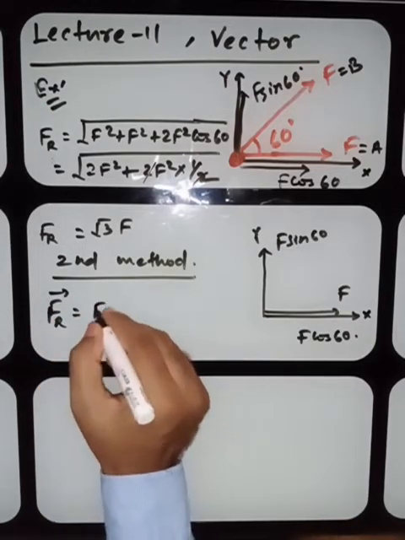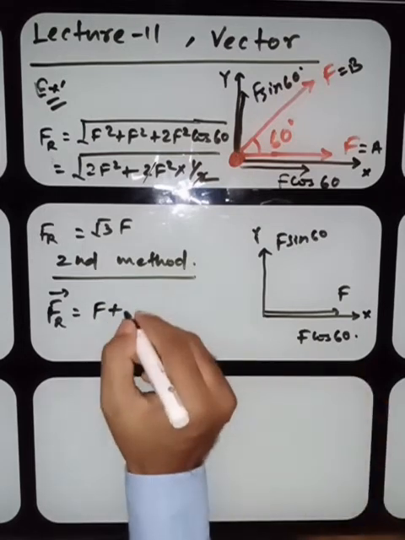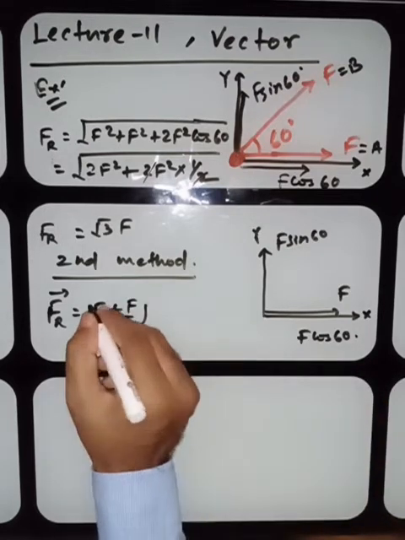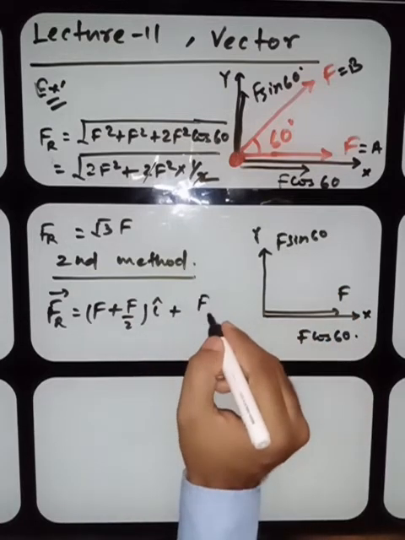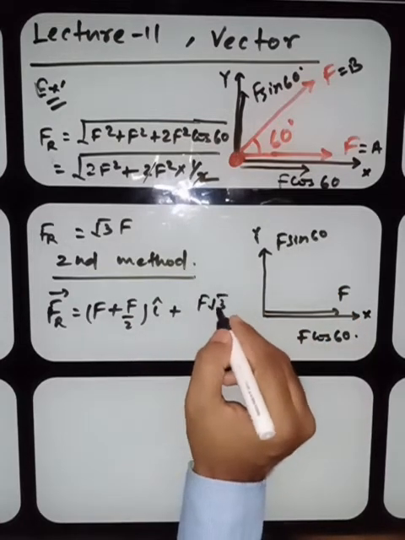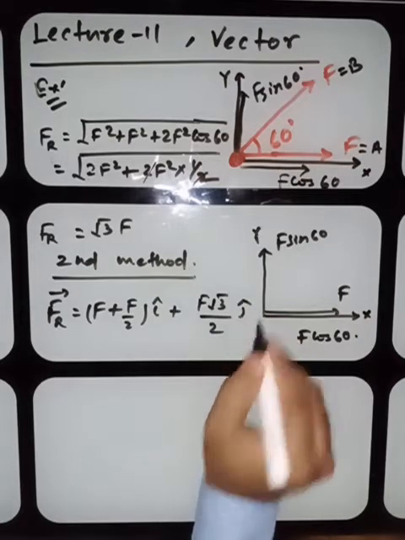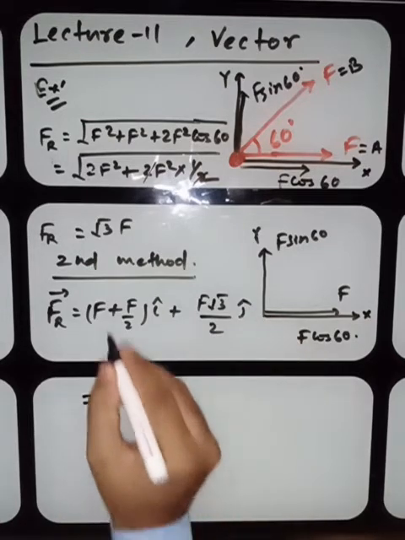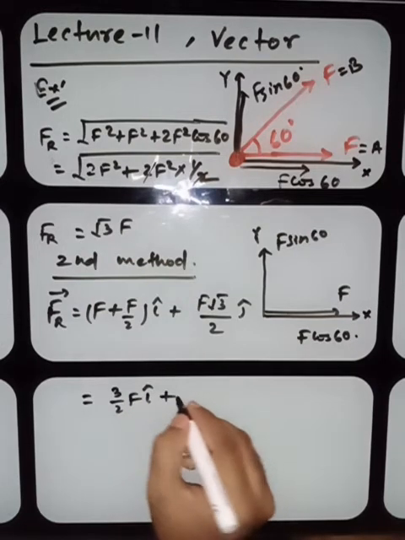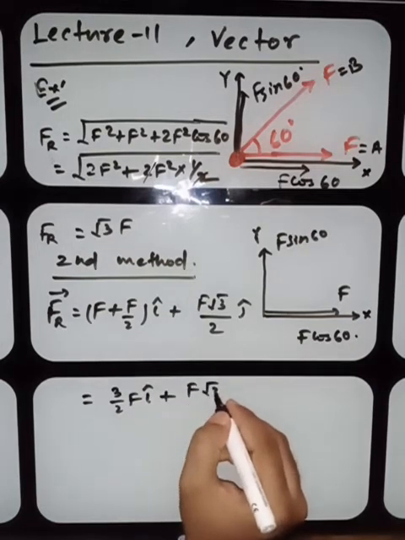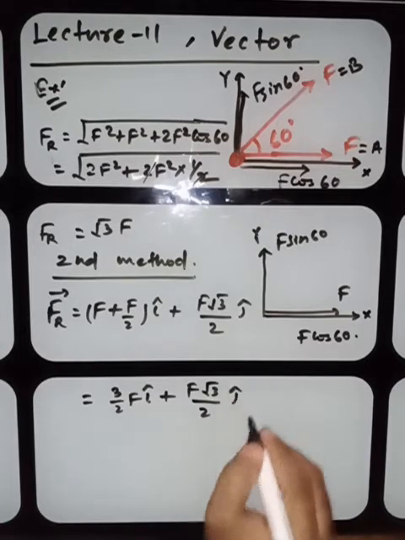It is F plus F cos 60, that is F by 2, i cap, plus F sin 60, which is F root 3 by 2, along the y-axis, j cap. Now simplify: this is 3 by 2 F i cap plus F root 3 by 2 j cap.